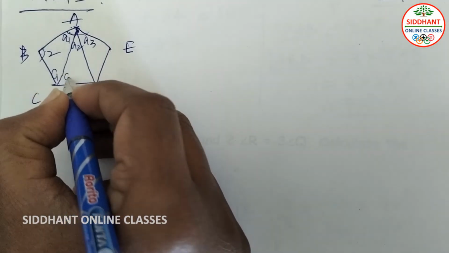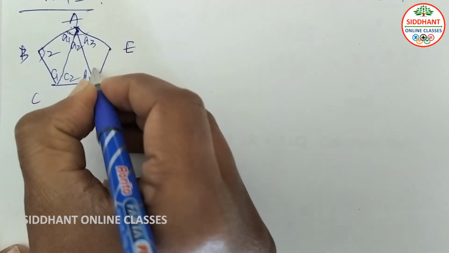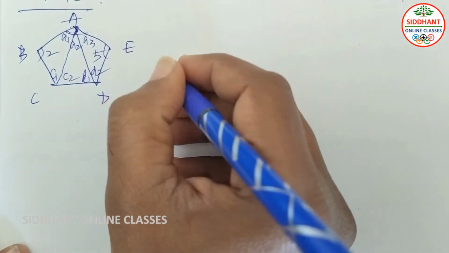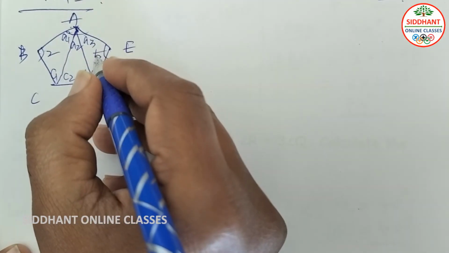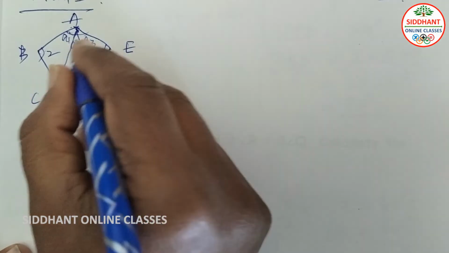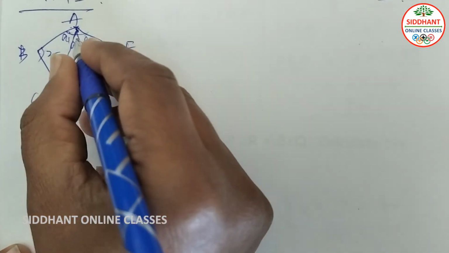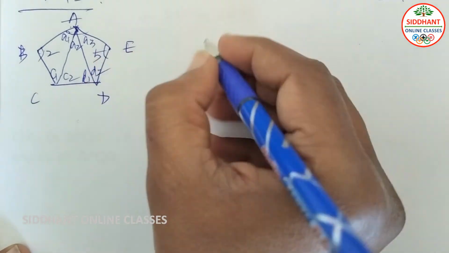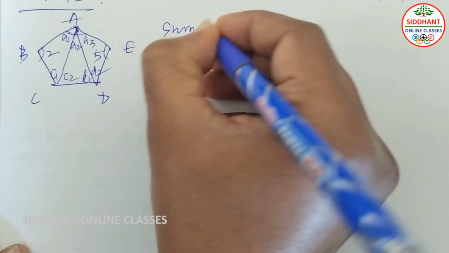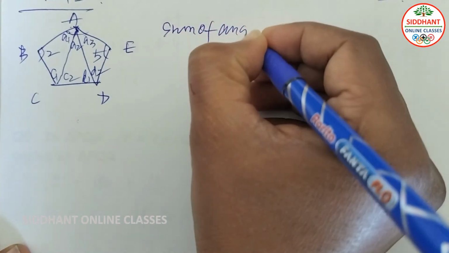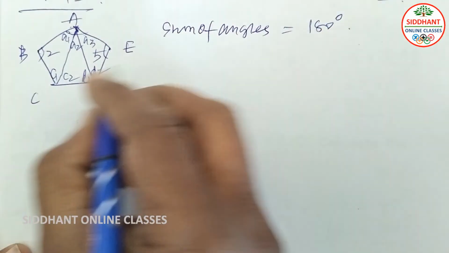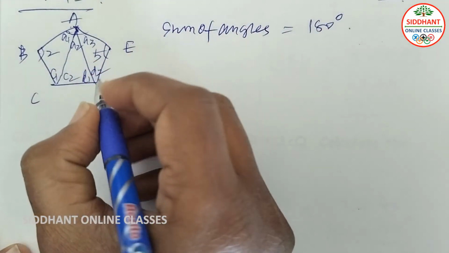Let it be C1, C2 and let it be D1, D2 and this is angle 5 here. Then we are going to see 3 triangles. The sum of angles in a triangle we know is 180 degrees. So we have 3 triangles here.